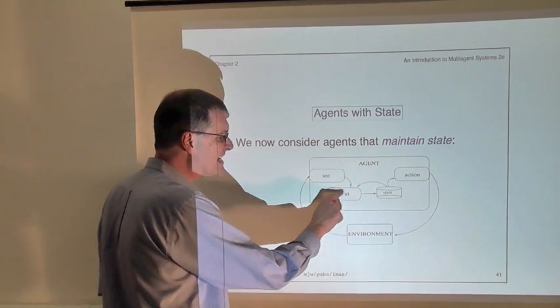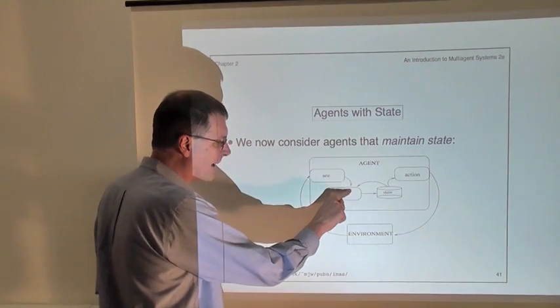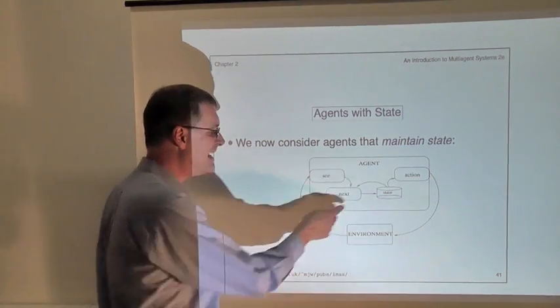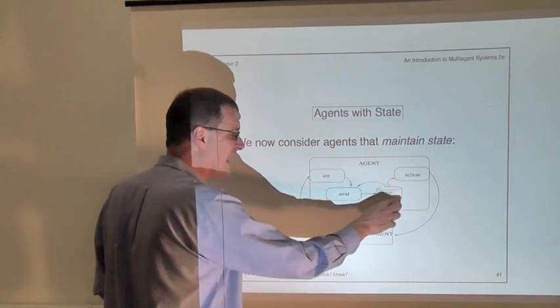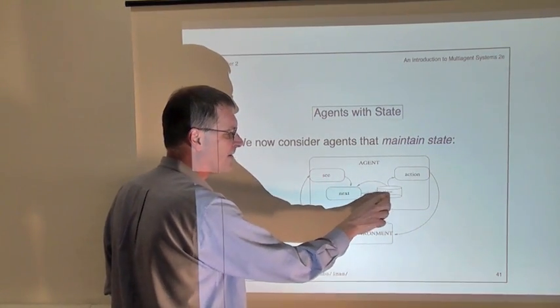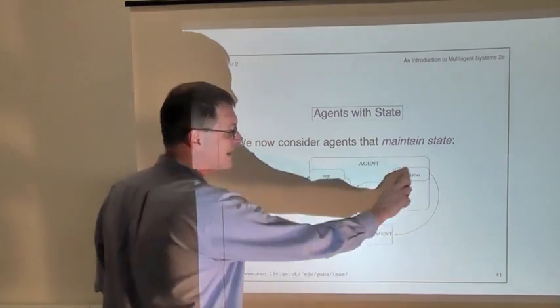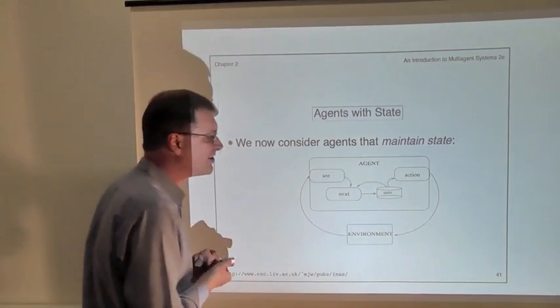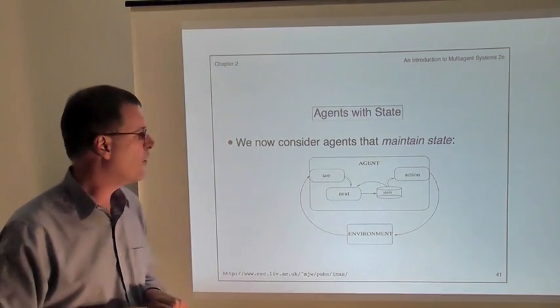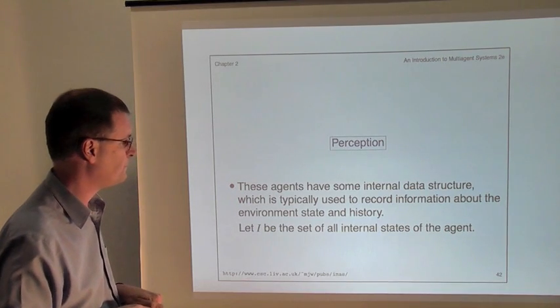This updating process takes as input both the current percept that I'm getting and my previous state, and that results in a new internal state being generated. The action selection function just looks at the internal state and decides what action to perform.